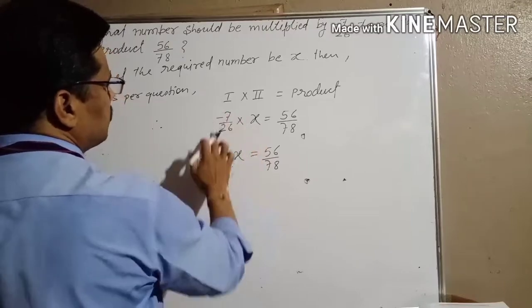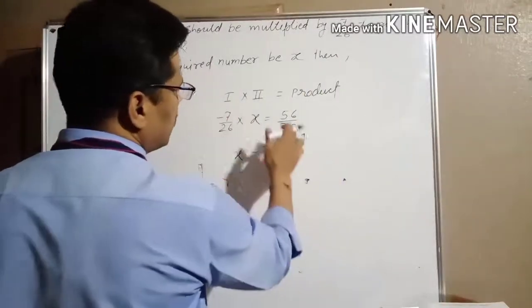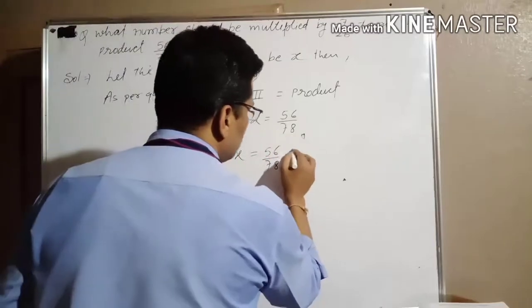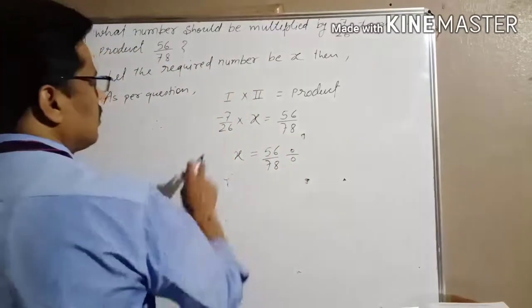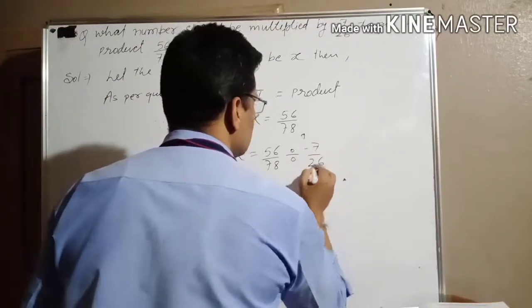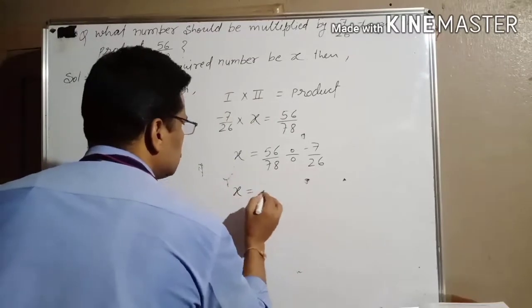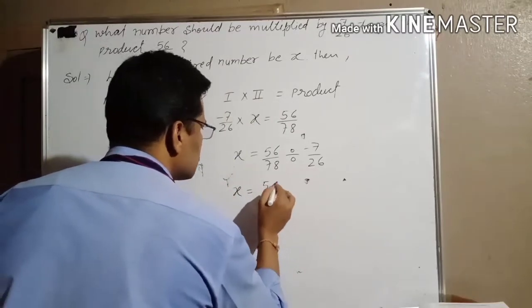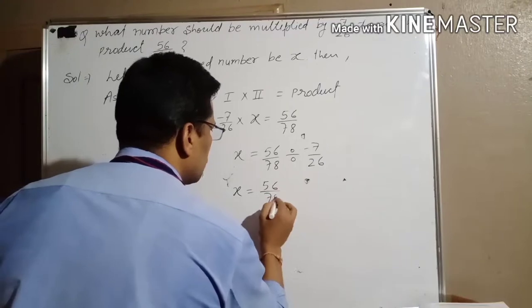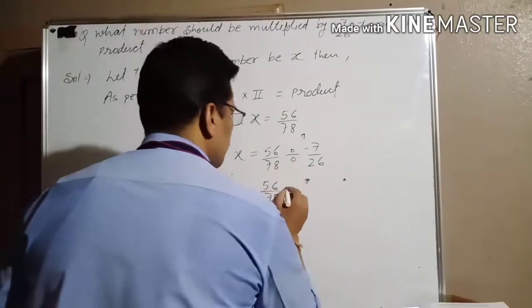When you take any number from left hand side to right hand side, which sign do we have to put here? Division sign. And the number you write as it is, 7 upon 26. Now we'll solve it. X is equal to 56 upon 78. This division sign can be converted into multiplication.